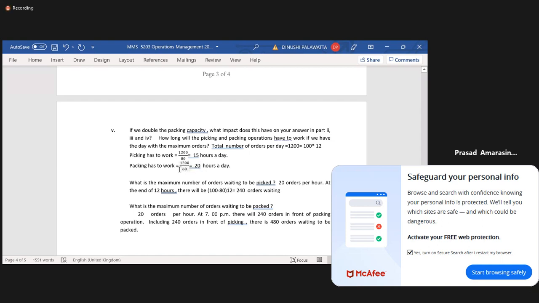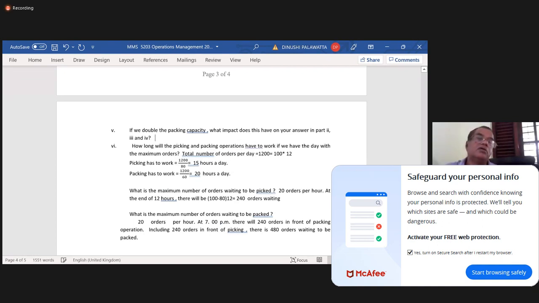I think your rate is 60 customers per hour. To calculate waiting orders, why do we take 12 hours? Can't we take 15 hours and 20 hours?